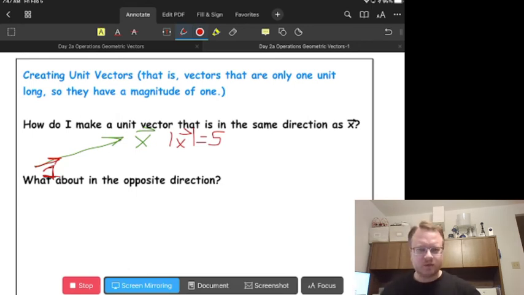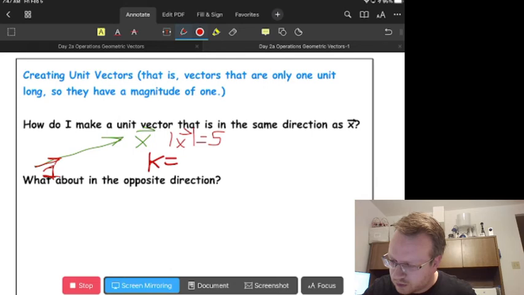What do I need to do? I need to make my vector smaller somehow. I need to scale it. If I multiply by some k value that's greater than 1, the value is only going to get bigger. I want to make it smaller. So basically I'm dividing or multiplying by a fraction. So what would happen if our k value was 1 over 5?